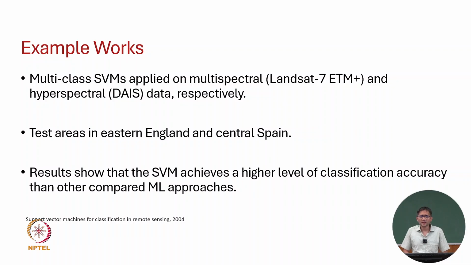In this work, they have shown experiments using both, and their test areas included certain areas from eastern inland and central Spain, and their result showed that SVM achieved a higher level of classification accuracy than the other compared ML approaches.